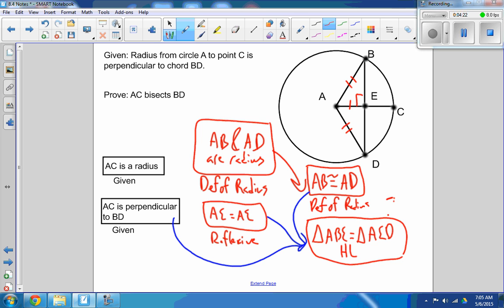And then that gives me BE is equal to ED by corresponding parts of congruent triangles are congruent, which proves AC bisects BD. It's the definition of a segment bisector.